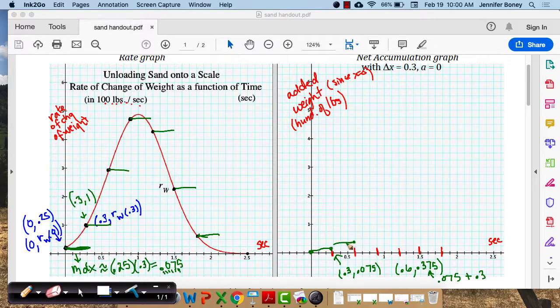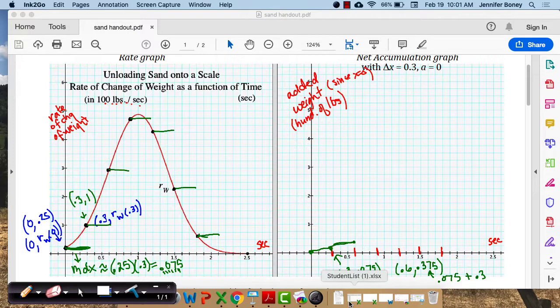Oop, can I draw a straight line? No. So this would be straight line segments. Apologize for my messy drawing, I can't draw on this thing particularly well. But this first line segment should be relatively flat, and the next one a little bit steeper, because I've got a low rate, 0.25 pounds per second, and then the rates get higher and higher.